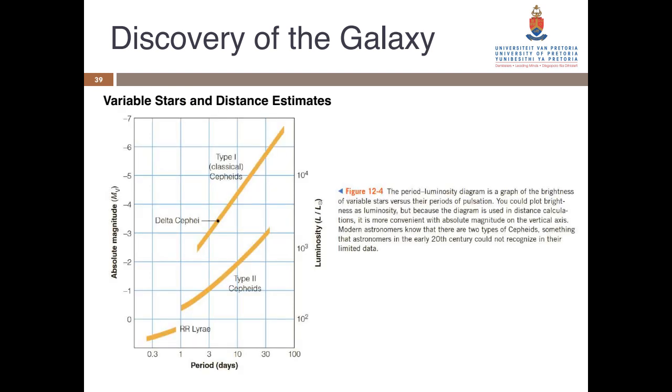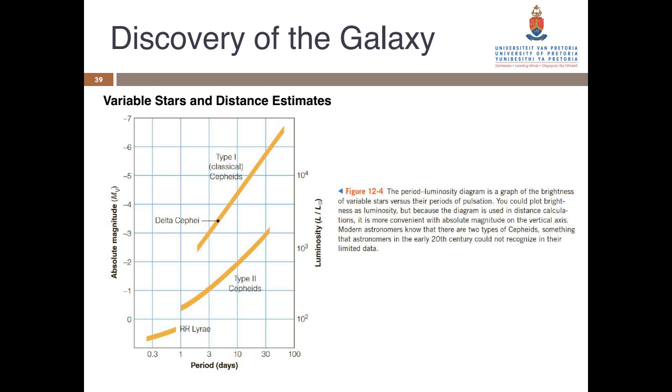The period-luminosity diagram is a graph of the brightness of variable stars versus their periods of pulsation. You could plot brightness as luminosity, but because the diagram is used in distance calculations, it is more convenient with absolute magnitudes on the vertical axis.